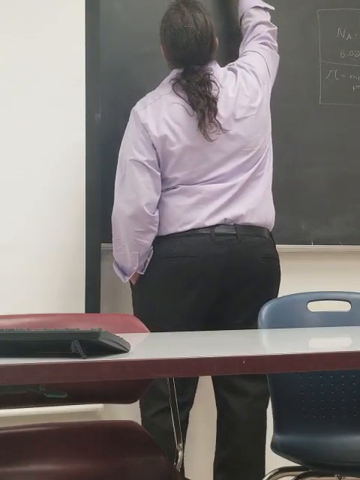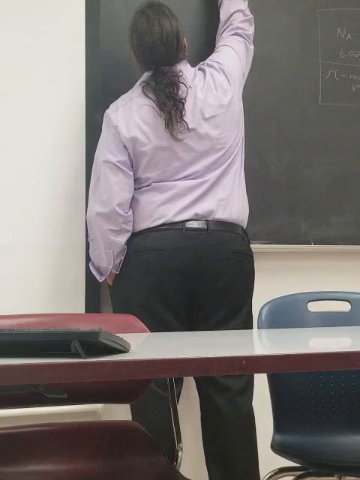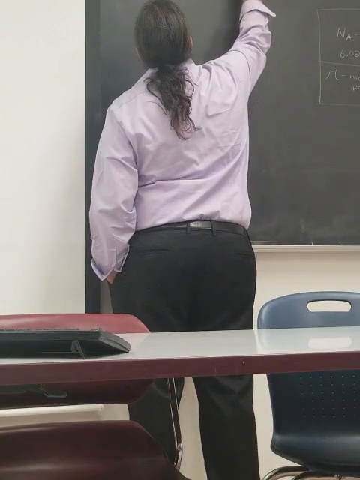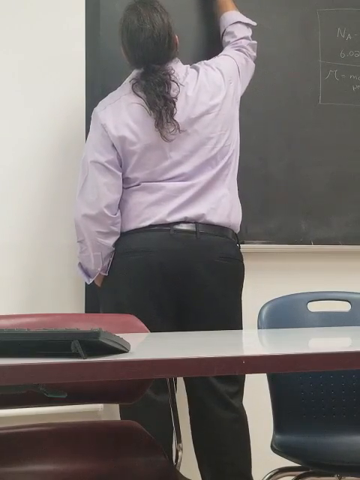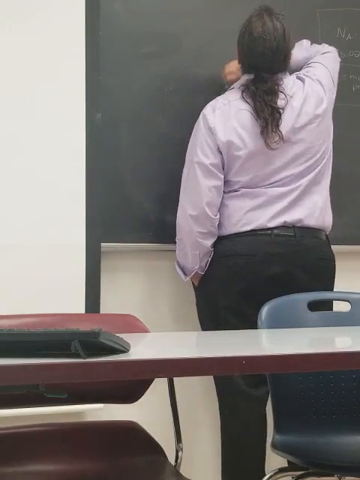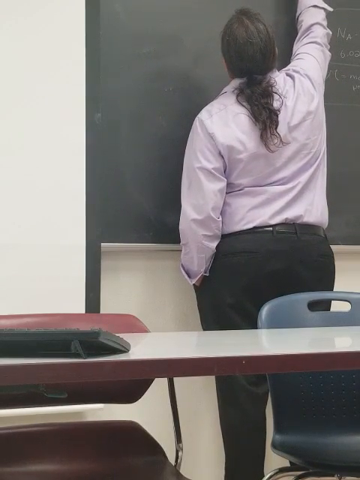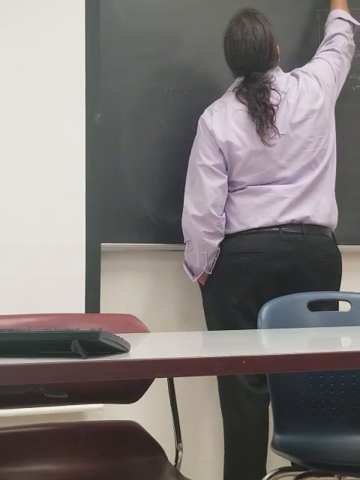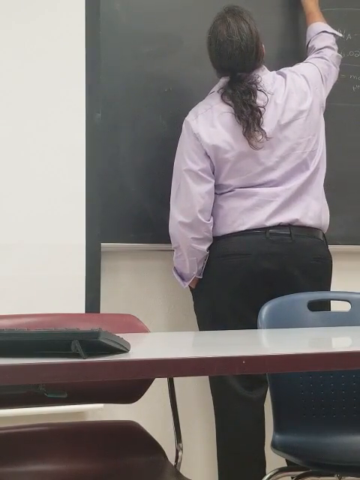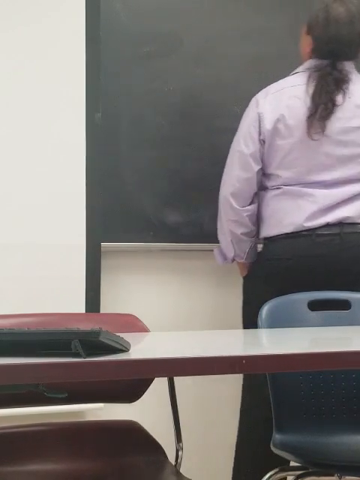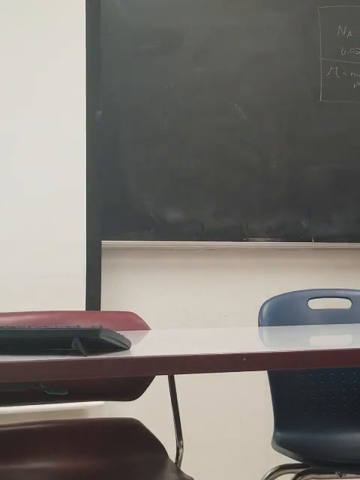So from mass to moles, we divide by the molar mass. From moles to mass, we multiply times the molar mass. From moles to particles, we multiply times Avogadro's number. From particles to moles, we divide by Avogadro's number. Ugh, what a mess.